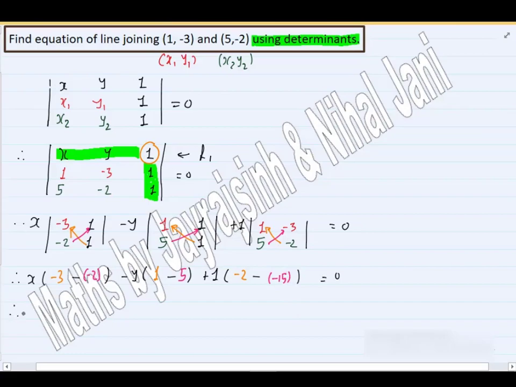So finally we get minus x plus 4y plus 13 equal to 0, or we can say x minus 4y minus 13 equal to 0 is the required equation of the line.